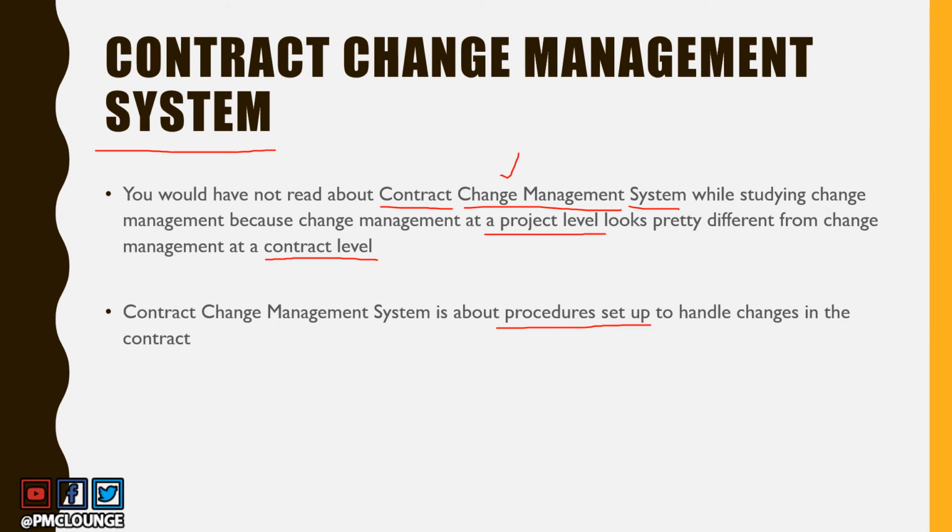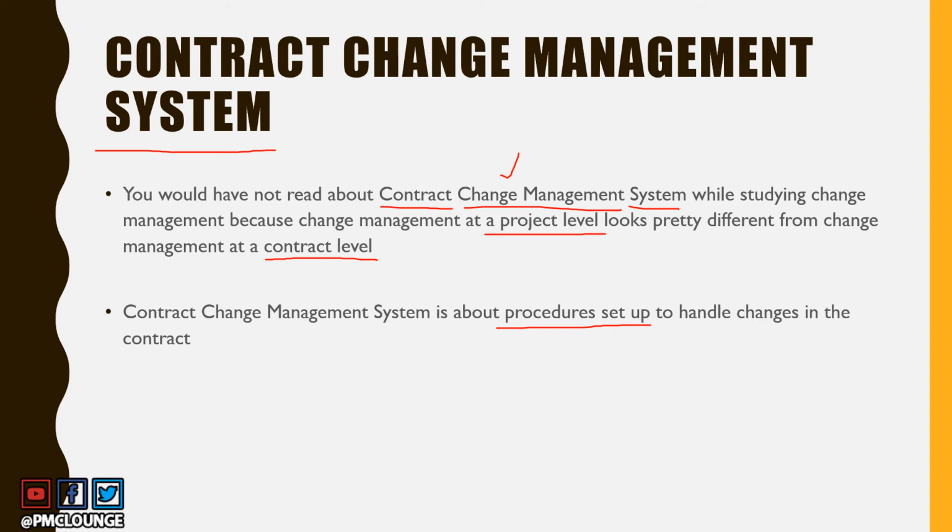You cannot apply your usual change management process around the contract, because change management is applicable at a project level. Change management is something which is applicable within your organization. When we are talking about contract, we have some other organization, the seller's organization, that is involved. They may have their own change management process.